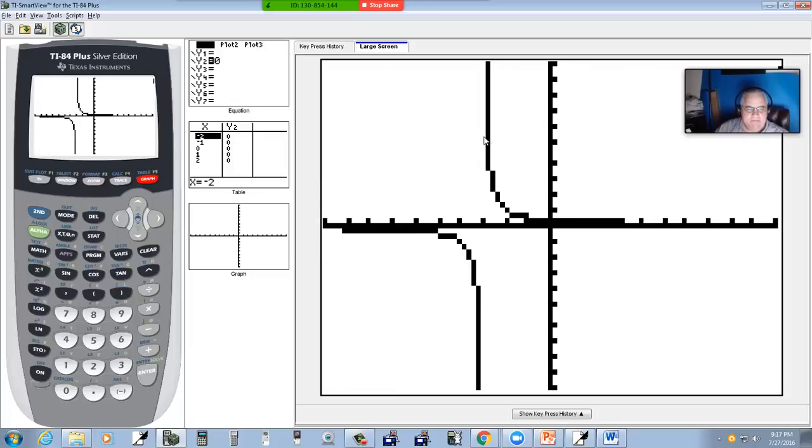Now notice here, as this graph is coming from both sides, coming from over here, here's x equals -3, it's going down forever, getting closer and closer to that line, but never touching it, never crossing it. Over here, it's going up forever, getting closer and closer to -3, never touching it, never crossing it.